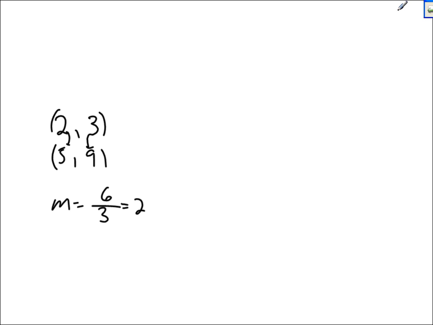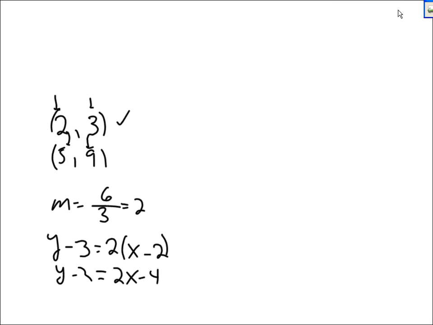Then you picked a point, and you said y minus that y value is equal to 2 times x minus that x value. Personally, I don't do it this way. I don't use the point slope, but here I will. Add 3 to both sides, and there's the equation of the line. And that's when we use the (2, 3).